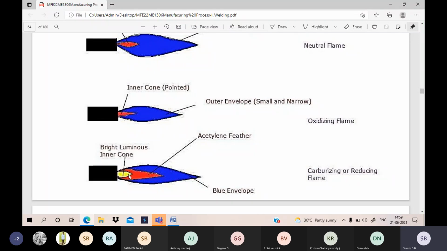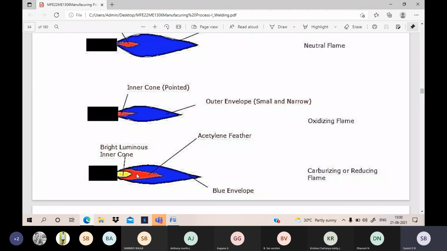Why is this one lower in temperature compared to the acetylene feather? This bright luminous inner cone is present only near the nozzle tip, but its temperature is very low compared to the red flame.